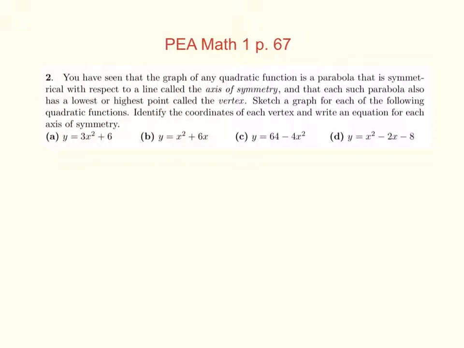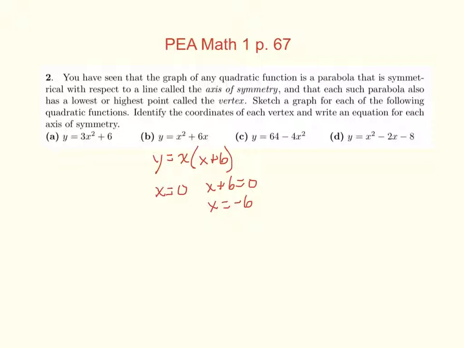Okay, now for B. The first thing I'll do is factor y equals, this time I factor an x out. I get x times x plus 6. Now what this tells me is these two are where my x-intercepts are. So I set each of these equal to 0, x equals 0, and x plus 6 equals 0. X equals negative 6.